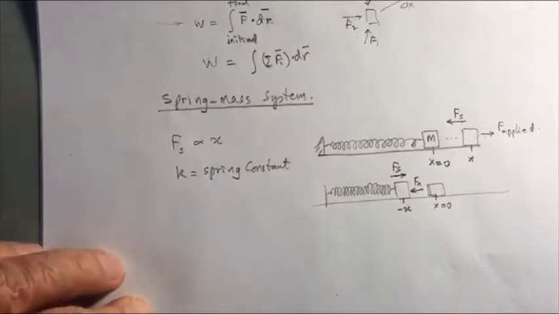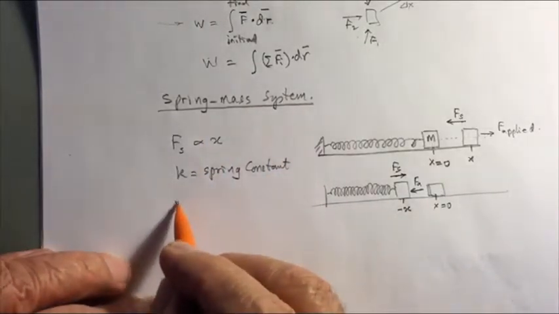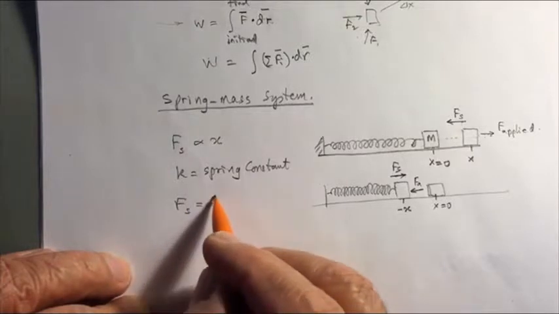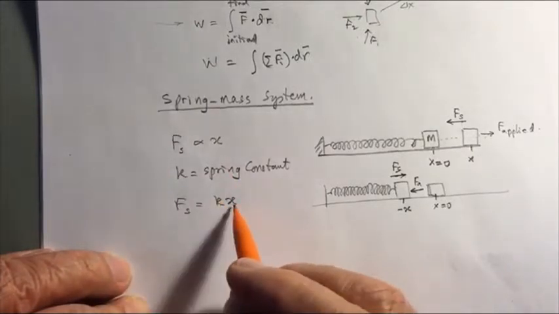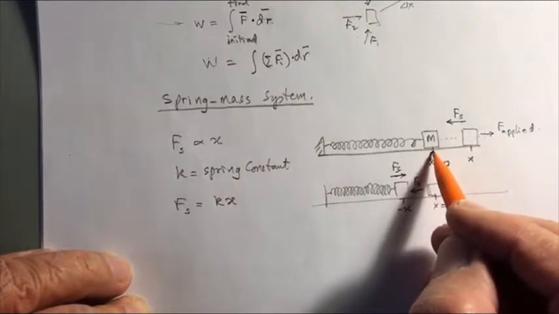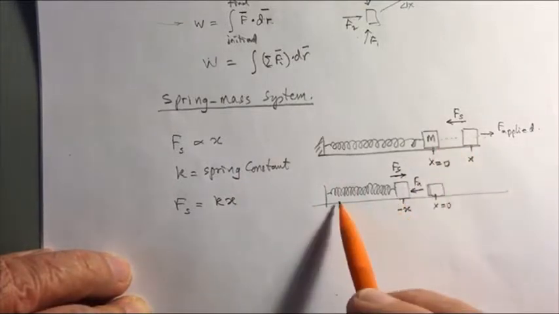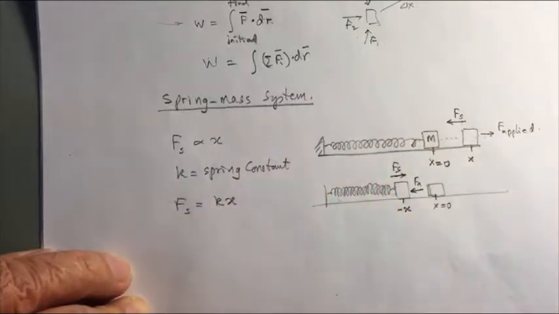And that also becomes the constant of proportionality, and so Fs becomes equal to K times x, where K is the spring constant and x is the displacement from the mean position. The original length of the spring, or the total length of the spring, does not come into this equation.